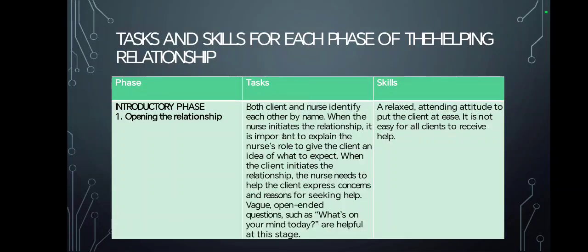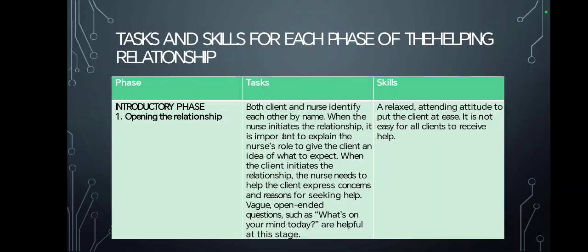Next, in the introductory phase, we will open the relationship. Both client and nurse identify each other by name. When the nurse initiates the relationship, it is important to explain the nurse's role to give the client direction of what to expect, as when the client initiates the relationship.